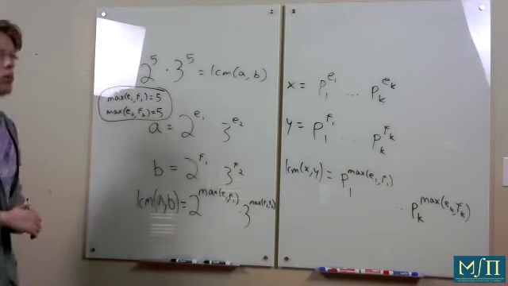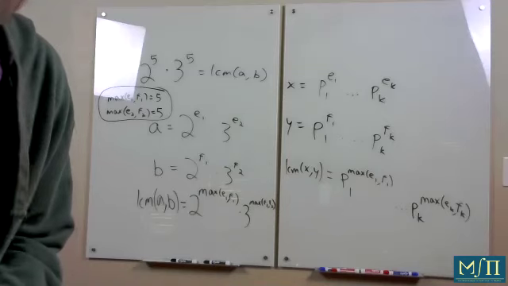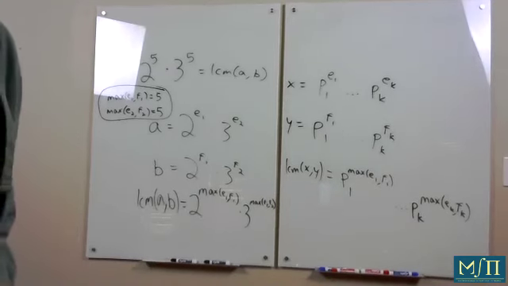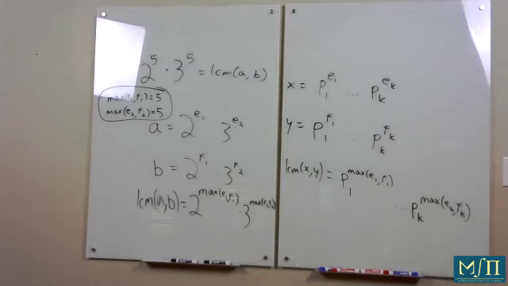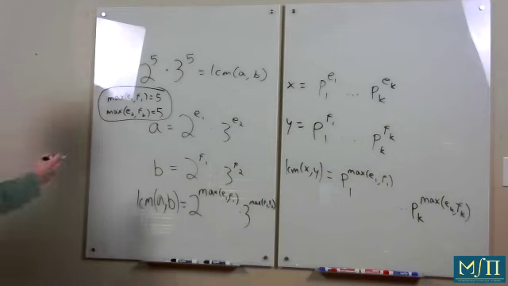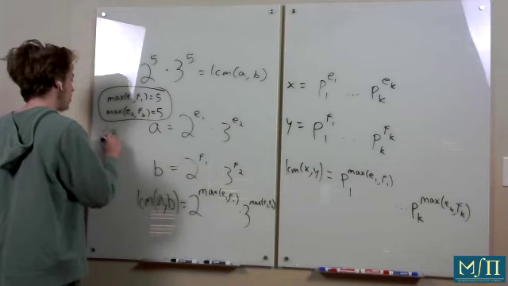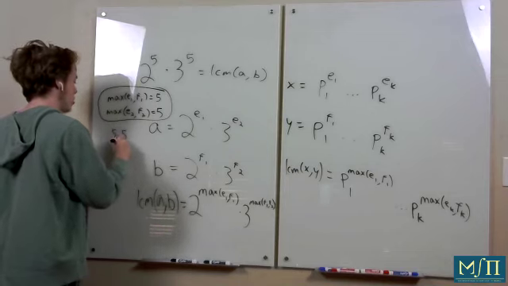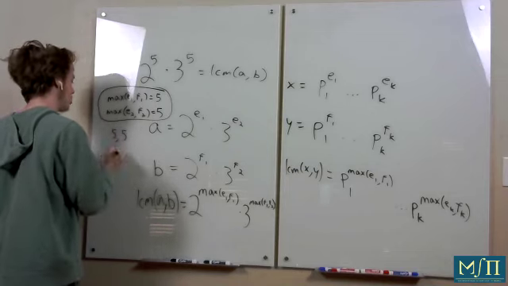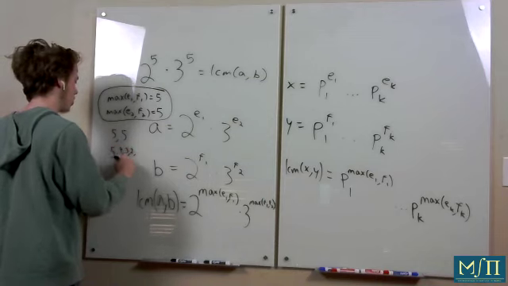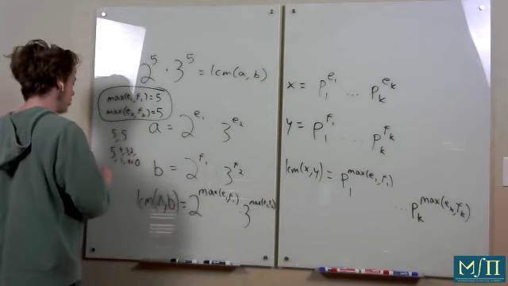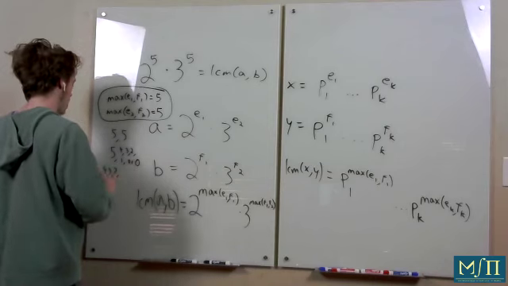Well, how many ways can we choose E1 and F1? Well, you can choose E1 to be 5 and F1 to be 5, or you could choose E1 to be 5 and F1 to be less than 5, 4 or 3 or 2 or 1 or 0, or you could choose E1 to be less than 5 and F1 to be 5.